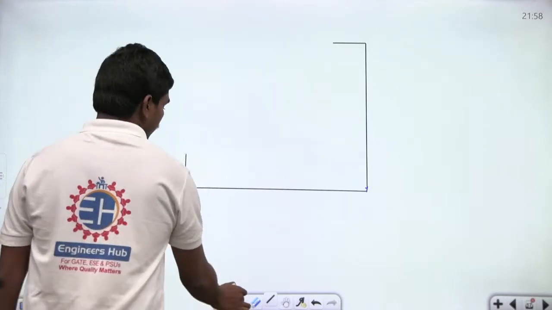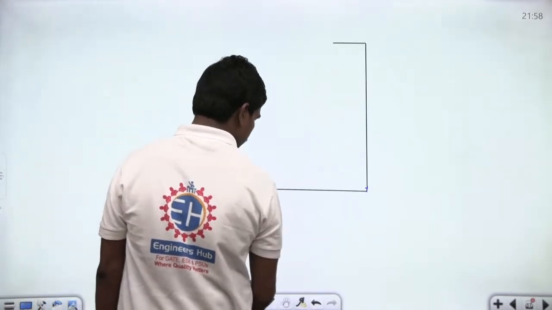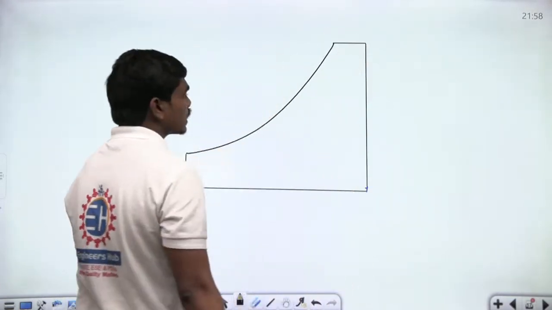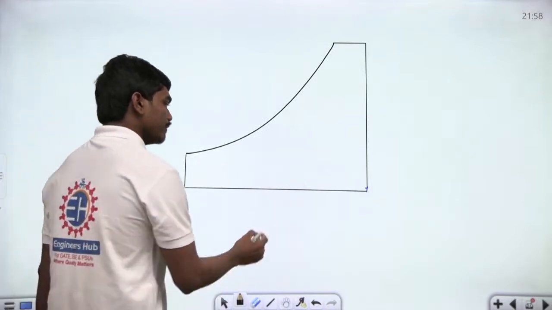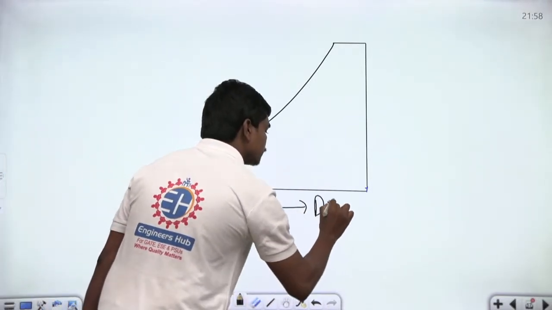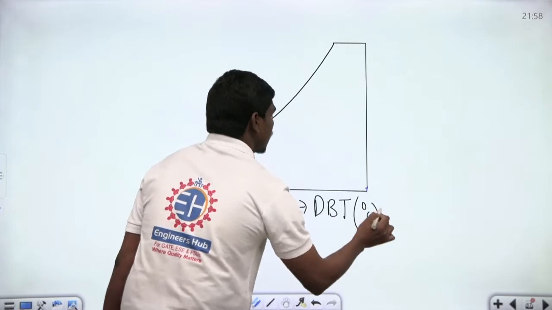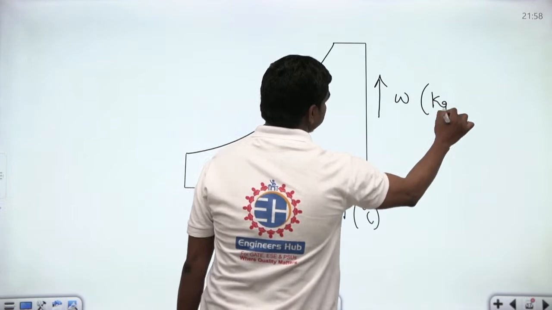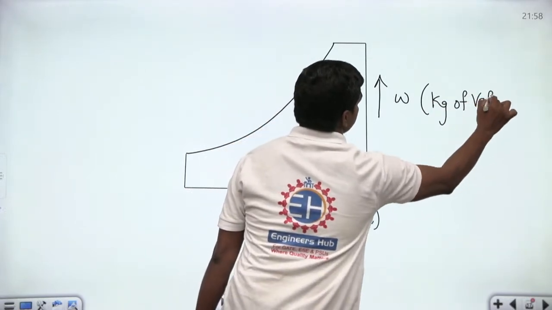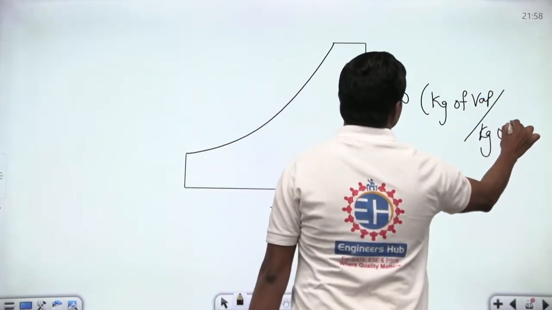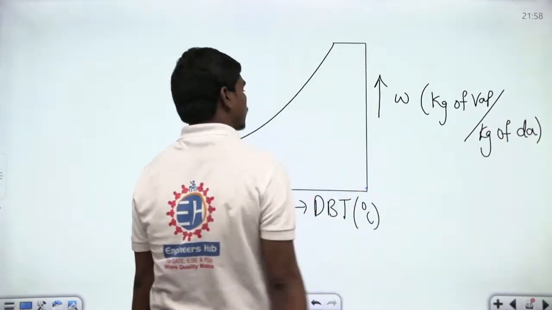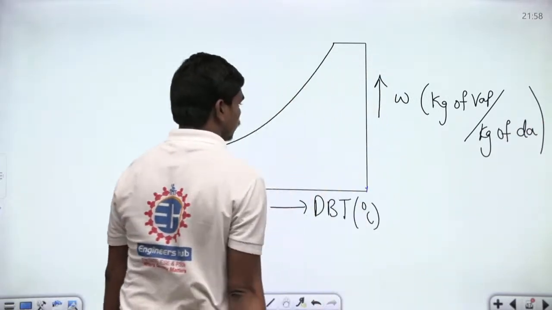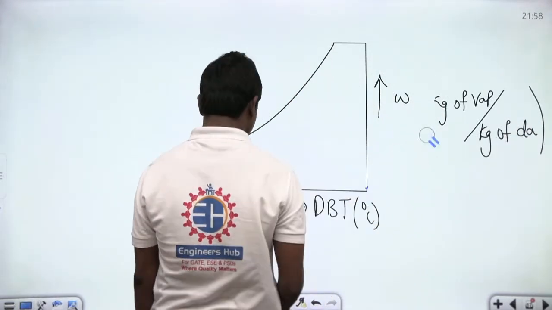Okay, so now we have a connection with a smooth curve. So this is how your psychrometric chart looks. Now, this is your dry bulb temperature in degrees Celsius, of course, and this is the axis of your omega, which is specific humidity, kg of vapor per kg of dry air. This is what is available with us. Now let us put a big arrow, and similarly here.